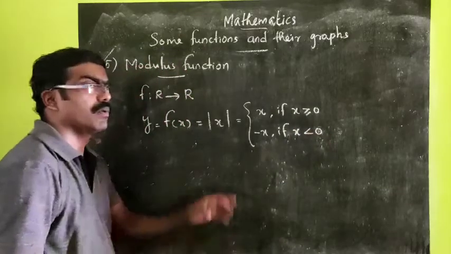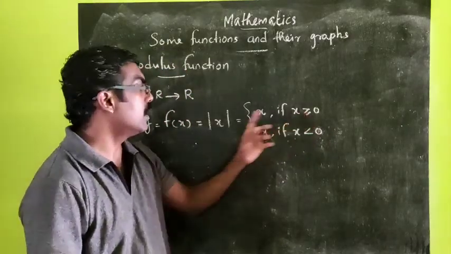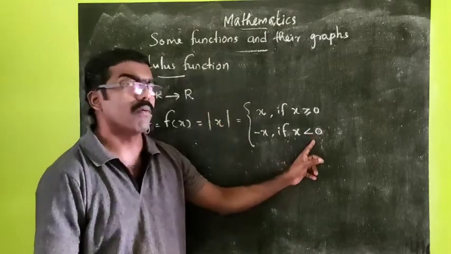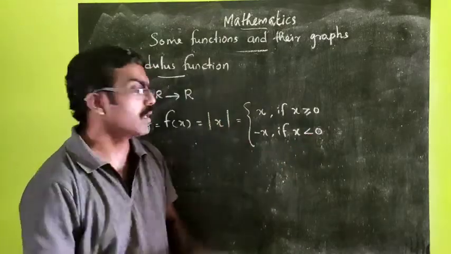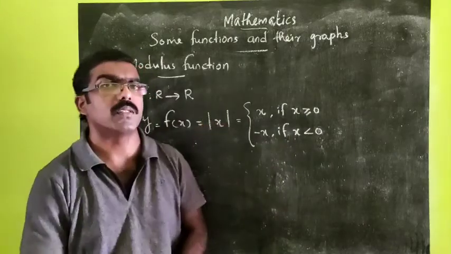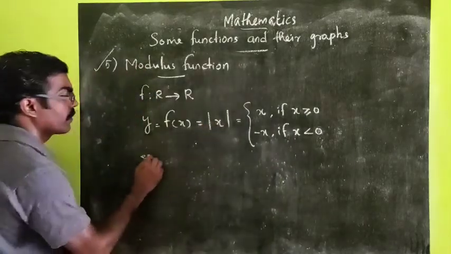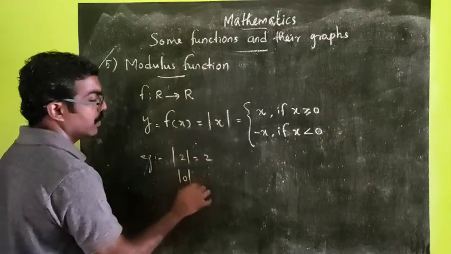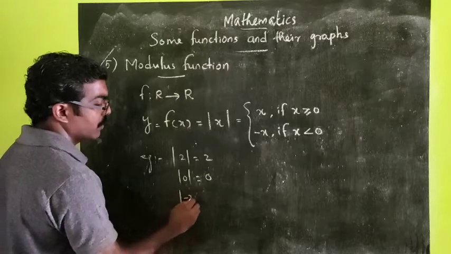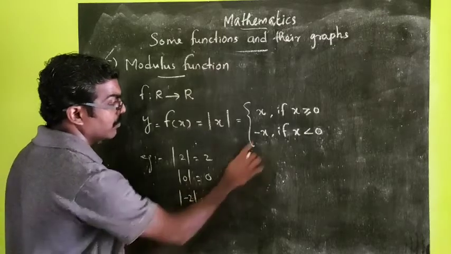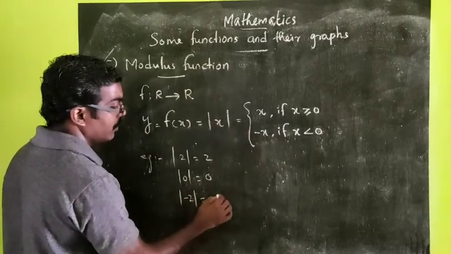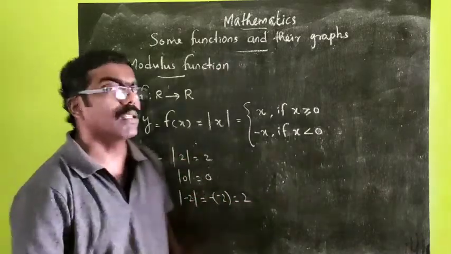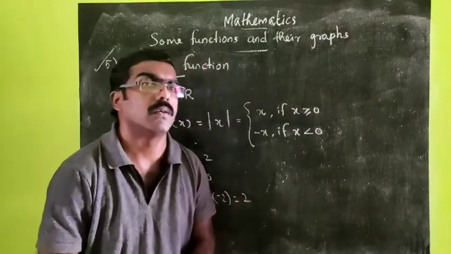Okay, for all positive values including 0, we will get the same number inside the modulus symbol, and for negative values we have to change the sign of the number given inside the modulus symbol. Okay, for example, modulus of 2 is equal to 2, modulus of 0 is equal to 0, but modulus of minus 2 is equal to plus 2. That means minus x. Minus of minus 2 becomes plus 2. We have to write the absolute value of the number.